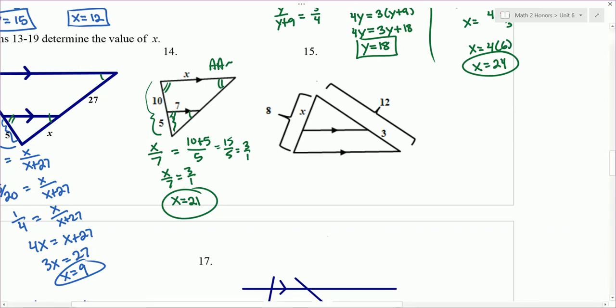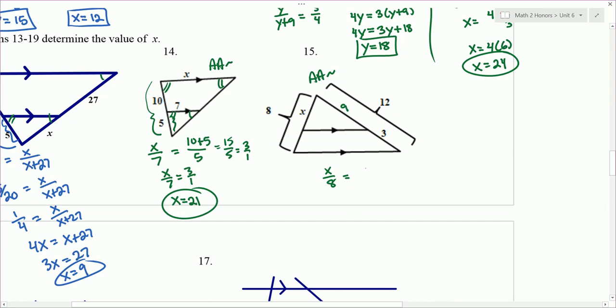Same scenario in 15, angle-angle similarity is what we're using here. X to 8 is equal to, careful here, we're not given the side length of the small triangle, but we know the full length is 12, and 3 is the leftover part, so 12 minus 3 is 9, so this has got to be 9.